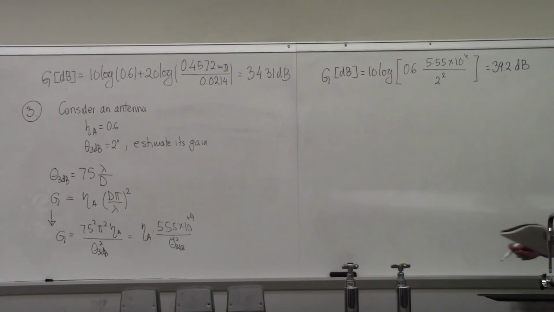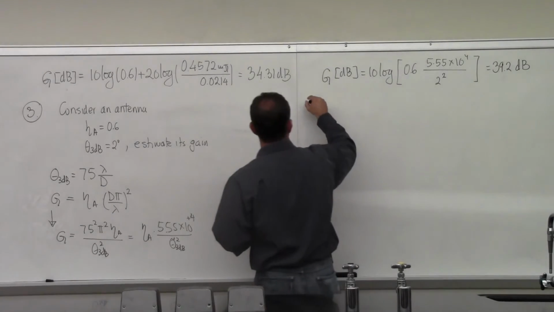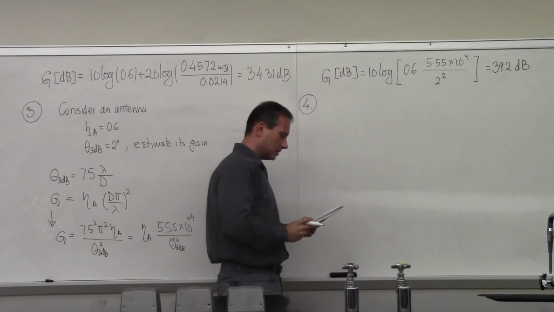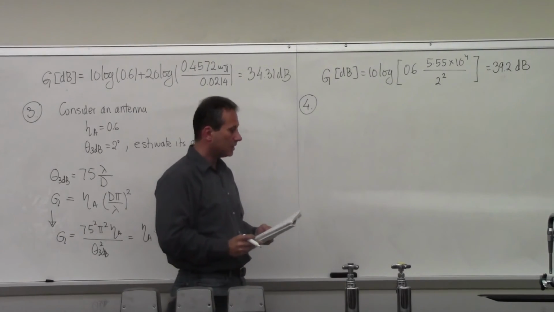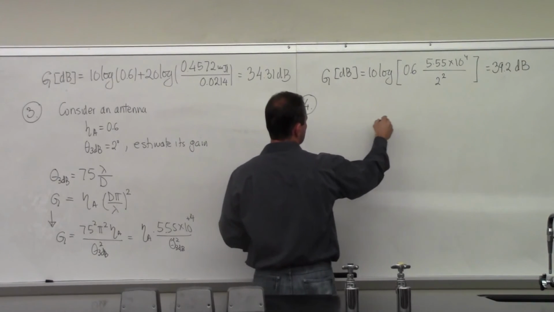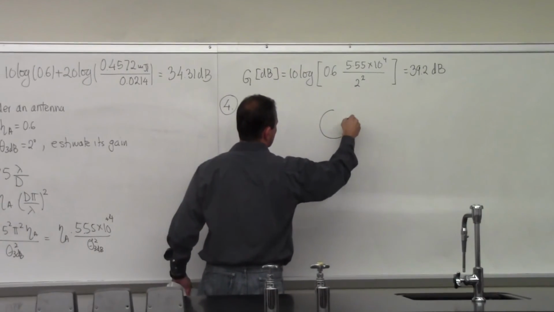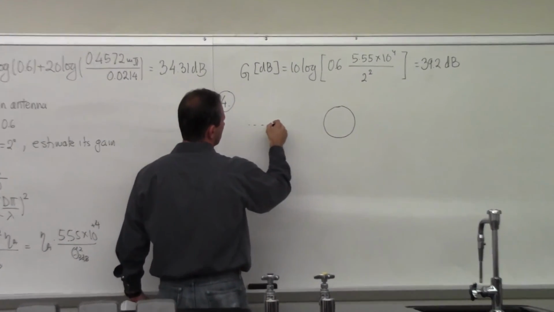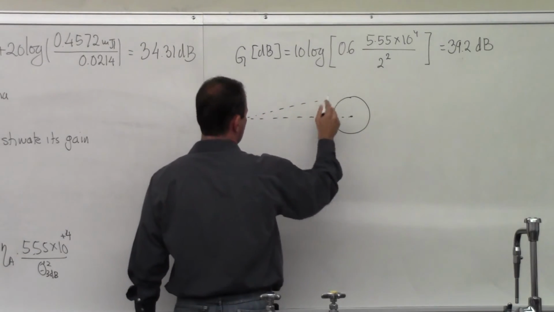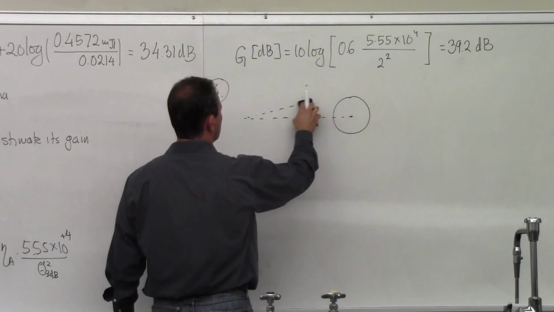Let me go to another example. This is example 4. It says the Earth is viewed from a geostationary orbit at the angle of 17 degrees. That's really not completely true, because I think we calculated that.